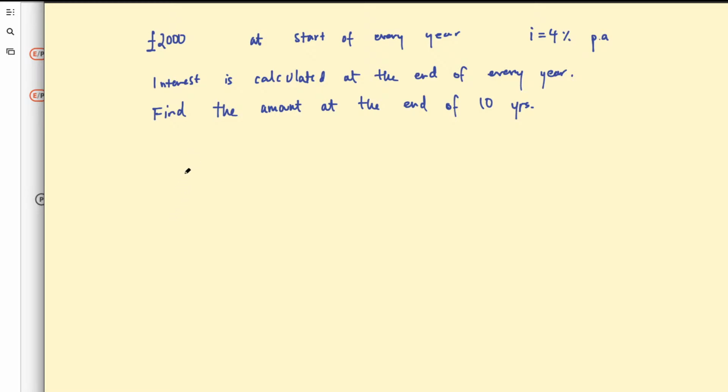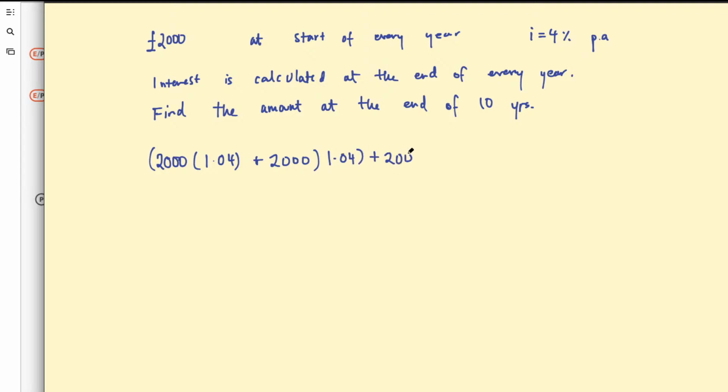Okay, so let's just do a couple of years and see what happens. So at the end of the first year, we would have 2,000 times 1.04, and then he invests another 2,000, and then that is multiplied by 1.04 at the end of the next year.